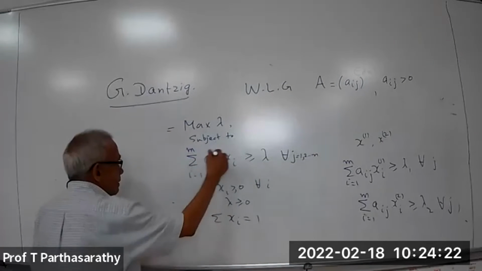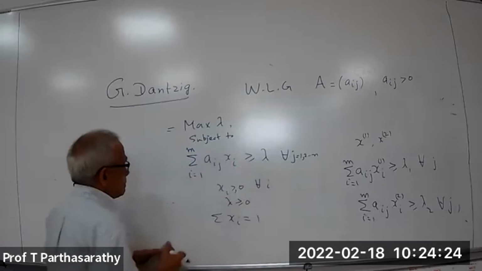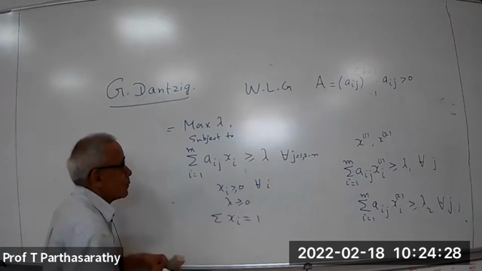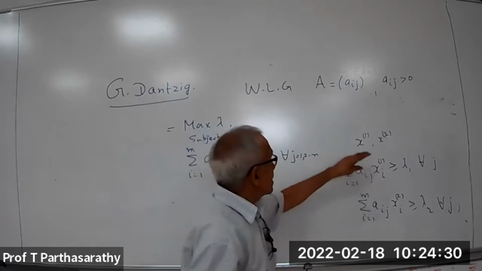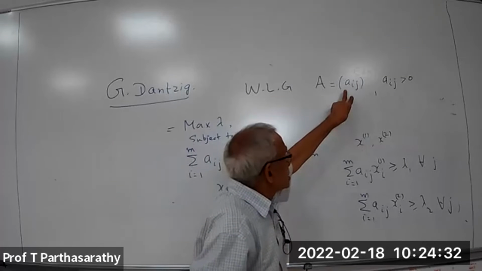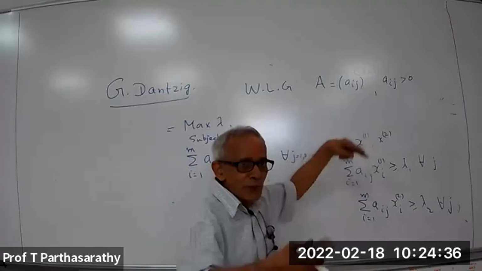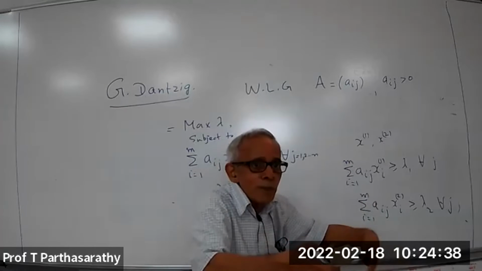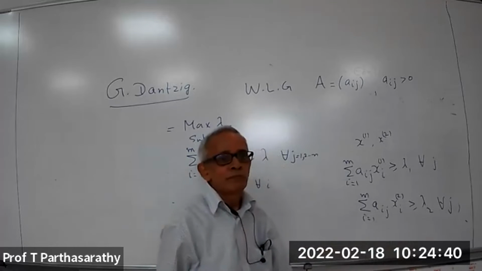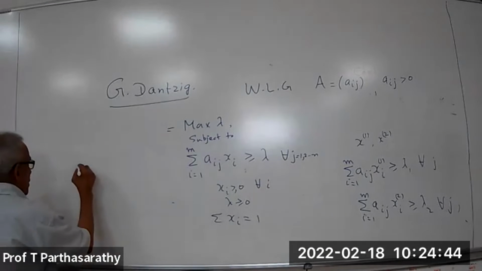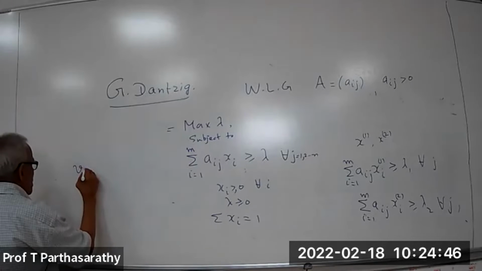This is a bounded problem, because lambda is not going to be more than the maximum of these numbers. It can't exceed them. So the linear programming problem has a solution, no problem. So this lambda is precisely what is called the value of the game.